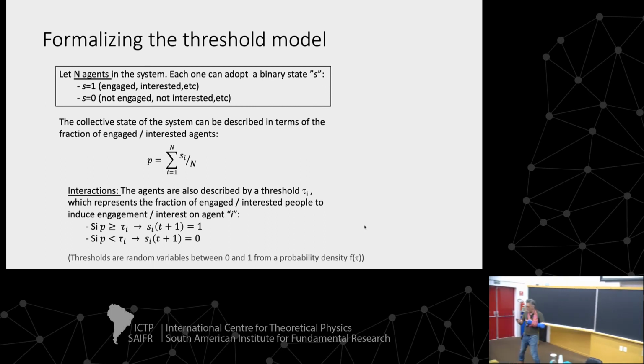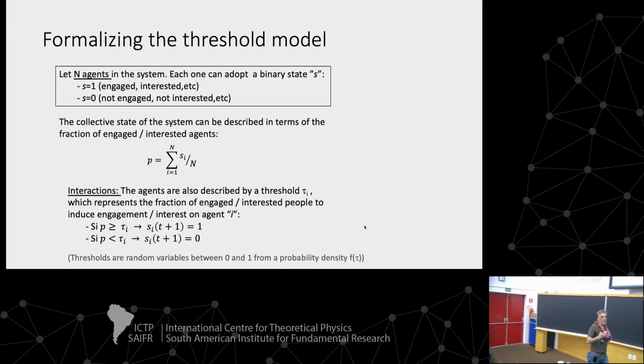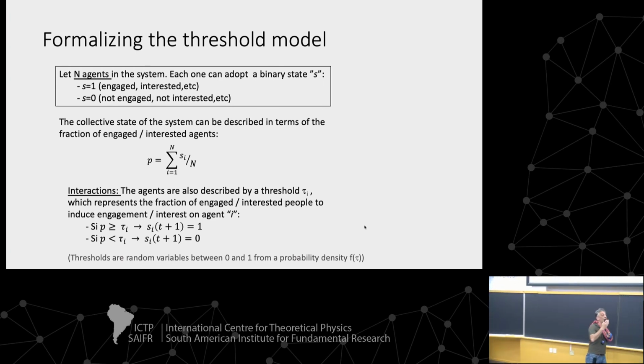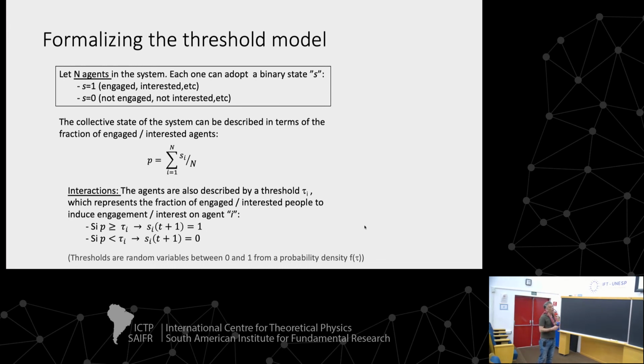We can discuss later. Can we formalize the problem and obtain a master equation, an equation for the dynamics of a threshold model? Yes, we can do that. We can formulate a system of n agents in which each of them is described by a binary state, 1 or 0.